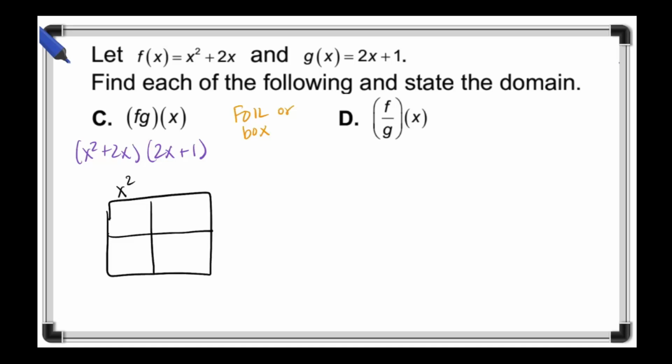We're going to have x squared and 2x, and then 2x and plus 1. What we get is 2x to the third, 4x squared, 1x squared, and 2x. Combining terms, we have 2x cubed plus 5x squared plus 2x.